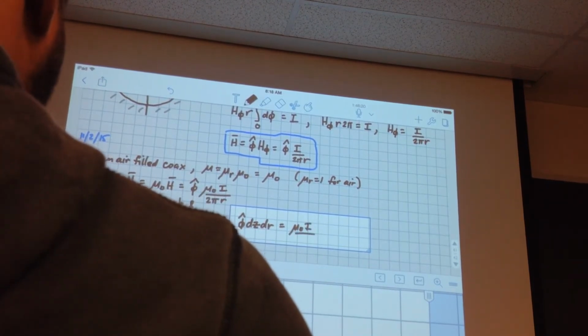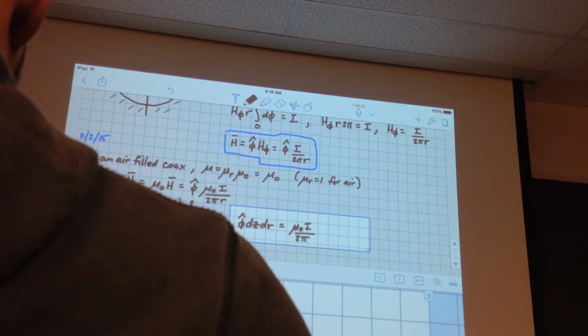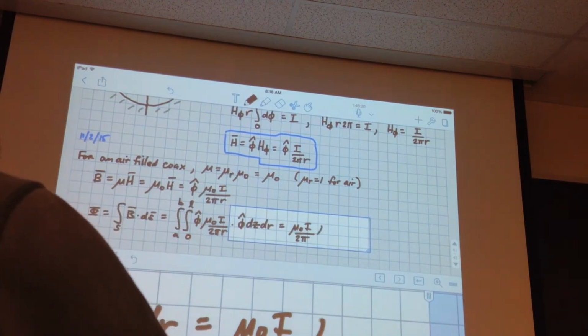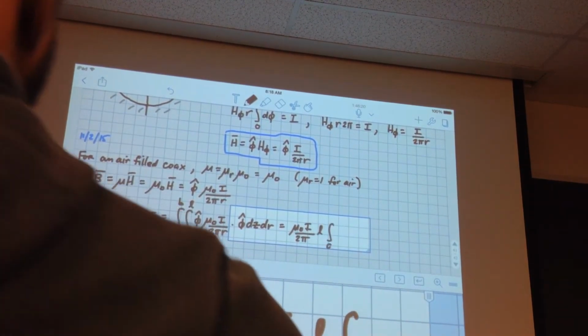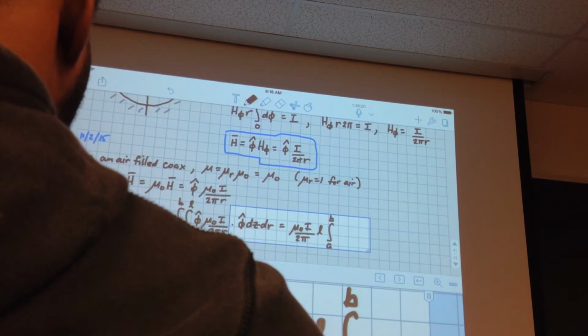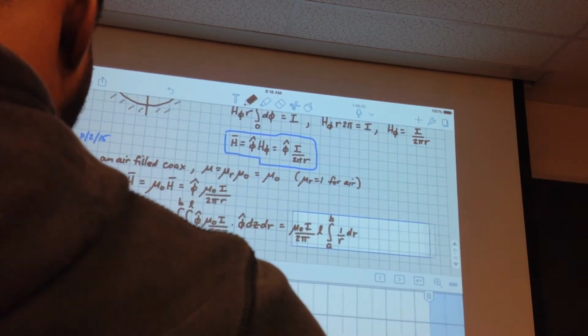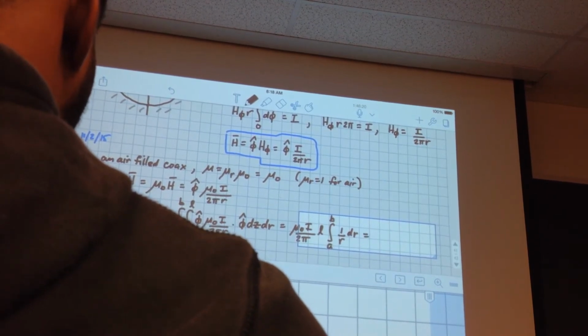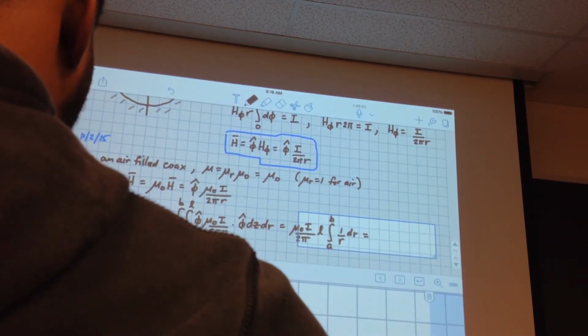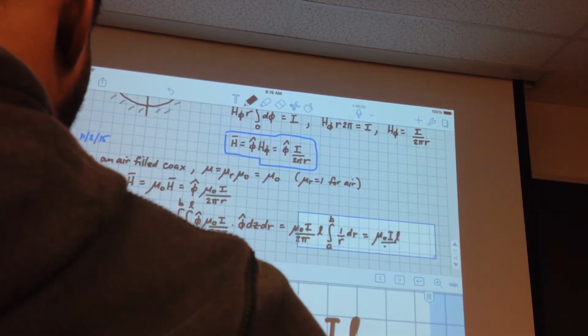Okay, somebody remind me, what is the integral of 1 over r dr? Okay, natural log, so it is natural log of b over a. Mu naught I L over 2 pi natural log of b divided by a.